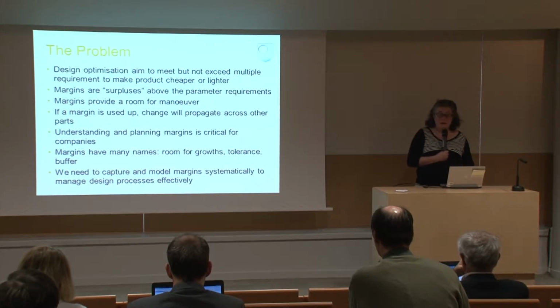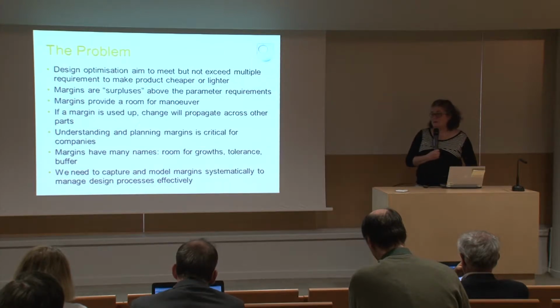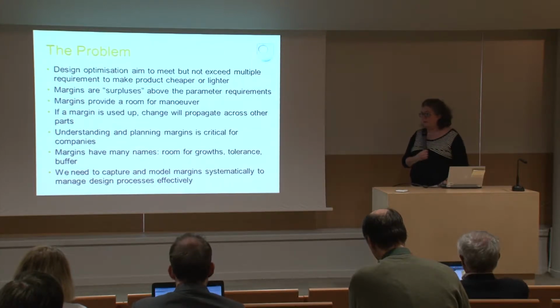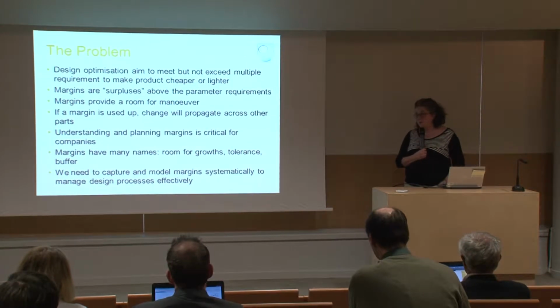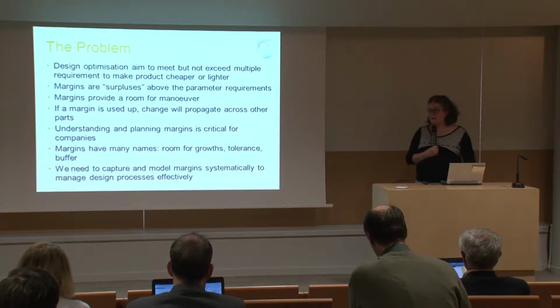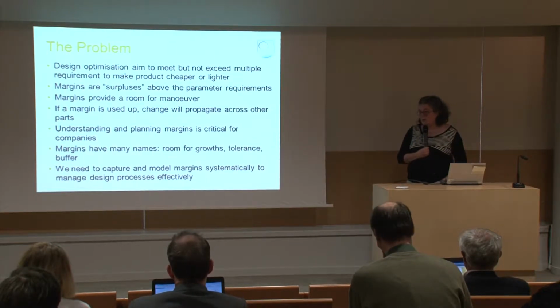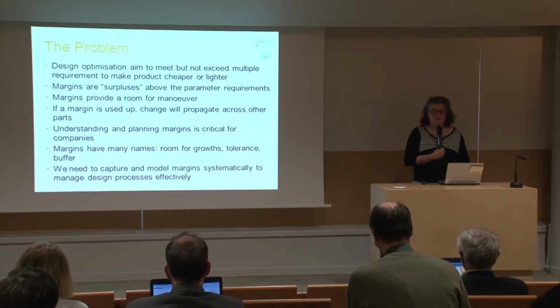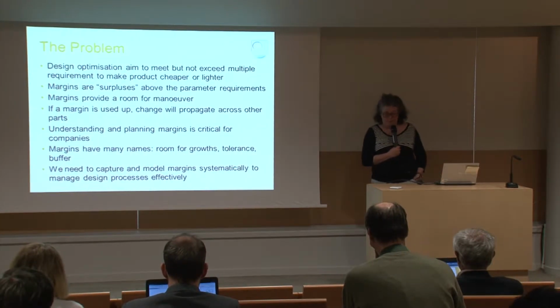But on the other hand, these kinds of surpluses are what allows us to employ products in a very flexible way, to change the product into a different product, to have products as part of platforms. And these excesses or margins are what give us the room for maneuver in design processes and make the processes far more flexible and far easier to use.